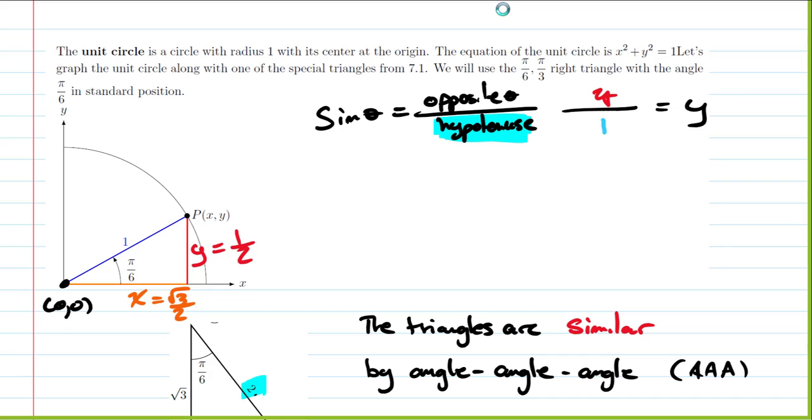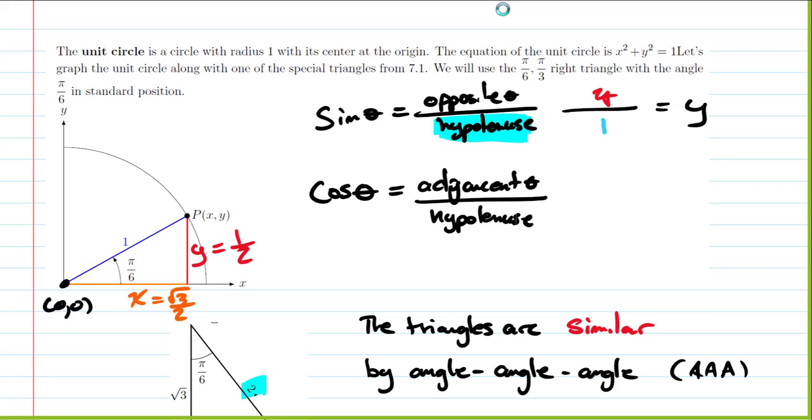So on the unit circle, sine theta is just the same as the y coordinate. Using some similar reasoning, if we go to cosine theta, that's adjacent to theta, once again over our hypotenuse. And the hypotenuse is still 1. And adjacent is going to be x. But x divided by 1 is just x.